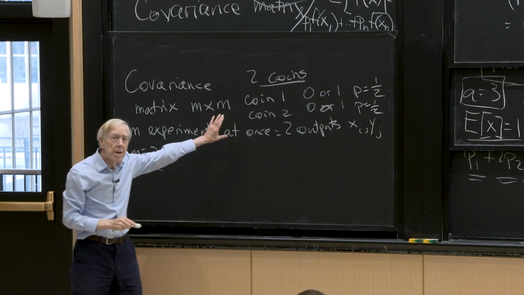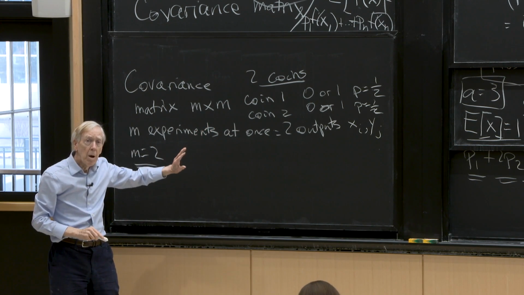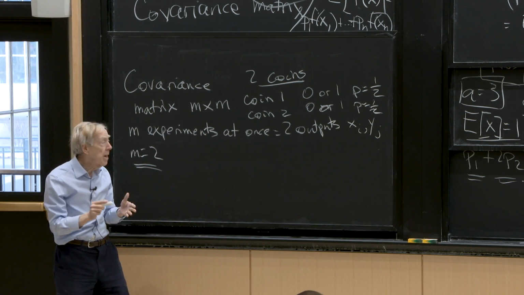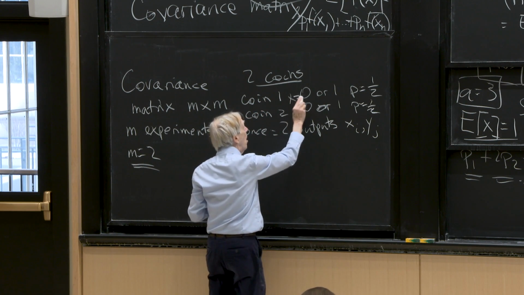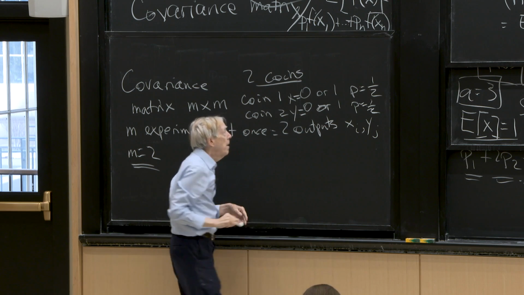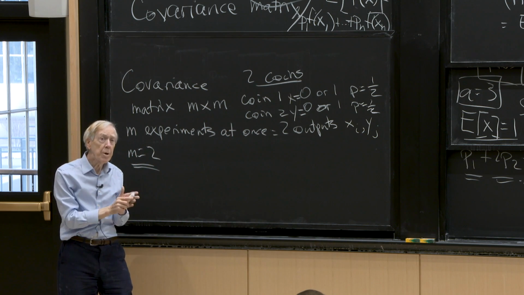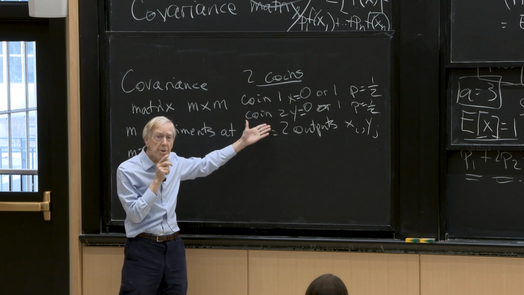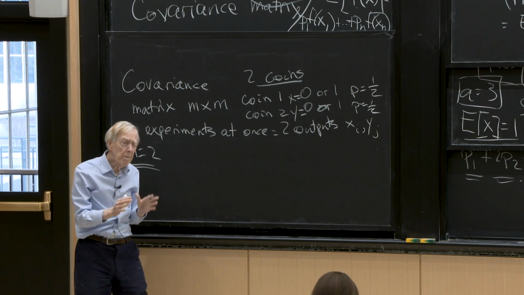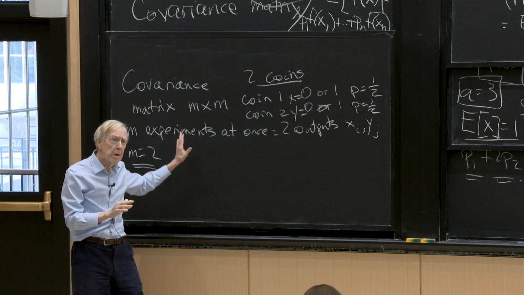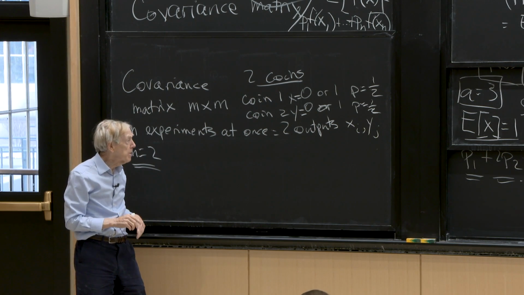But what I haven't said is whether there is a connection between the output, this is the x, this is the y. If I glue the coins together, then the 2 outputs are the same. I think this is a model question that brings out the main point of covariance.